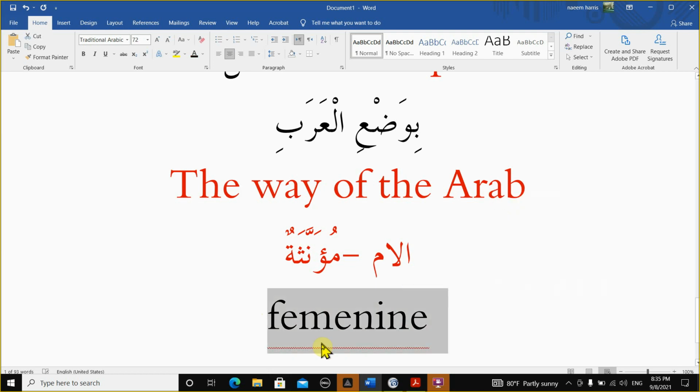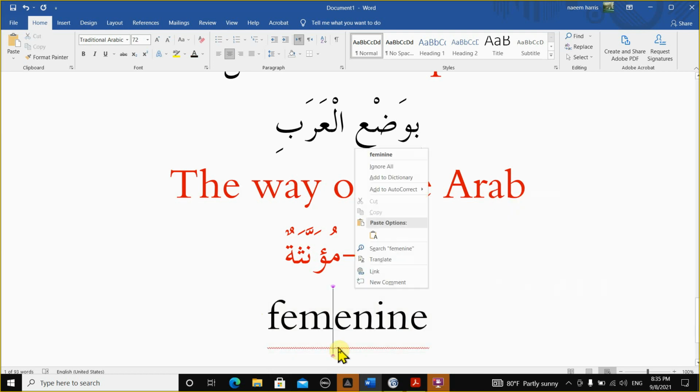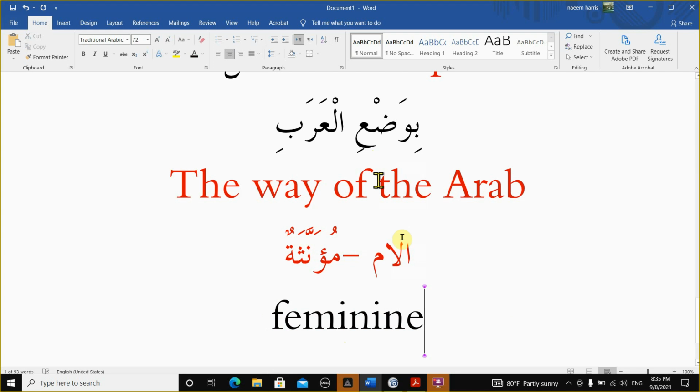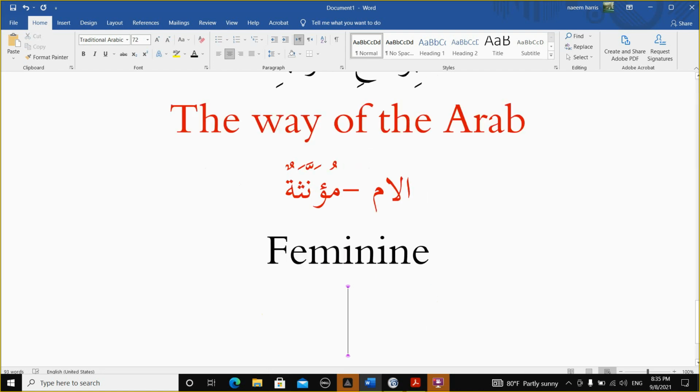What else about the word al-um in this sentence? Al-ummu tadhhabu ila al-masjid. What else about the word al-ummu? It's also mufradatun. It's feminine.